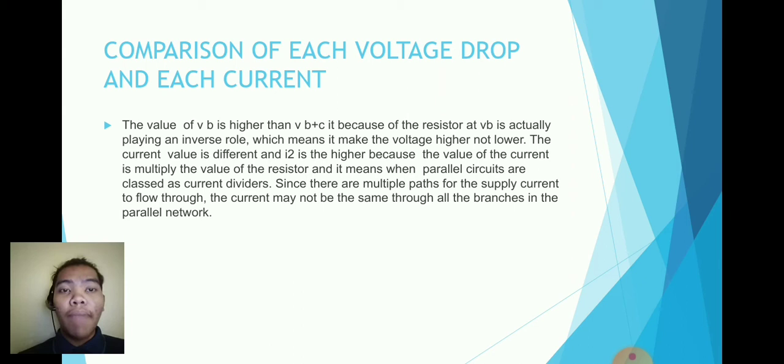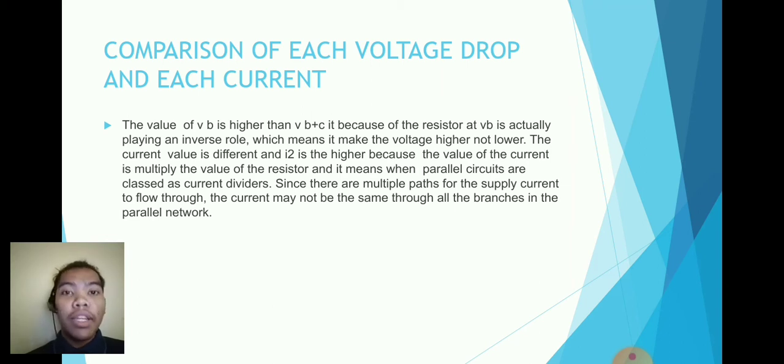the current may not be the same through all the branches in a parallel network. So in terms of this circuit, the resistor is organized inversely to what it should be, so the resistor will play the inverse role, which means it will make the voltage higher, not lower.